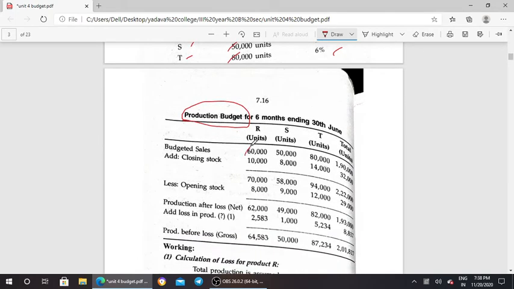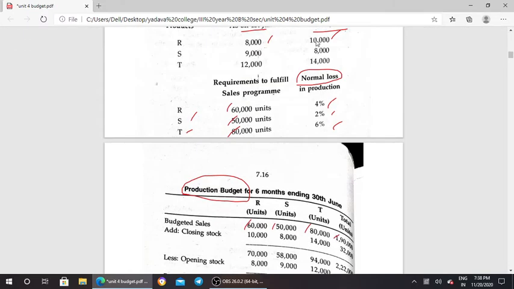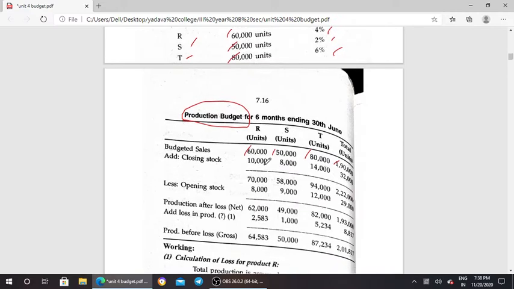Sales are 60,000 for R, 50,000 for S, 80,000 for T, total 1,90,000 units. Closing stock has already been given: 10,000, 8,000, 14,000.